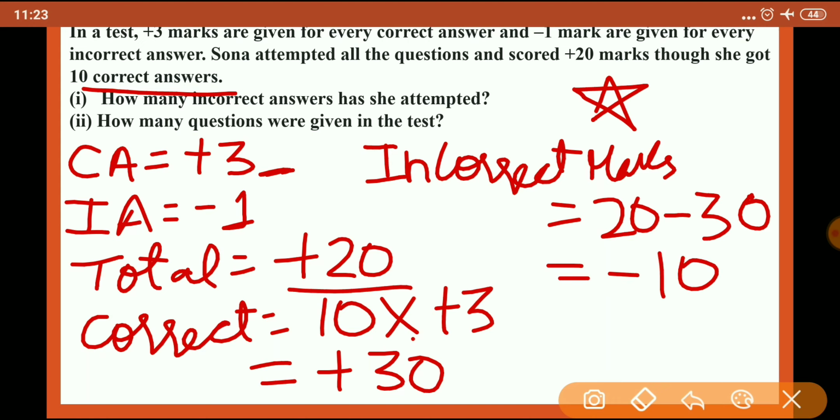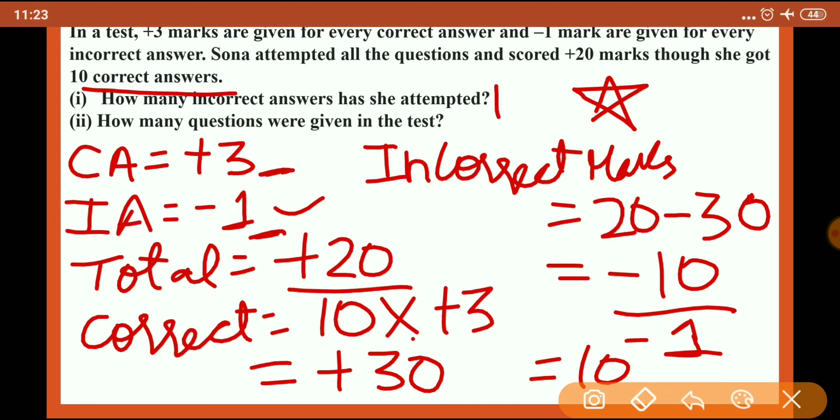It means her incorrect marks score is minus 10 and she will get minus 1 for every incorrect answer. Now the question is how many incorrect answers has she attempted. So you will divide it by minus 1. So you will get 10. So you can say 10 she has attempted incorrect.